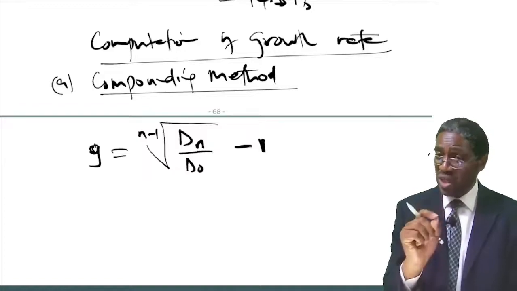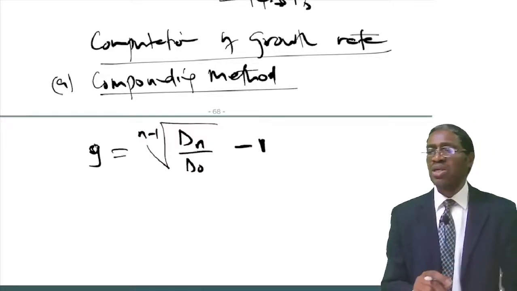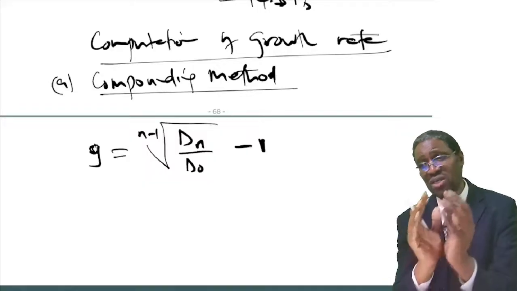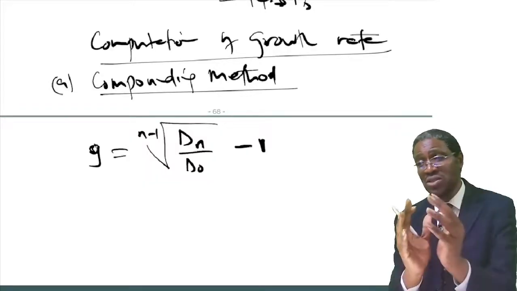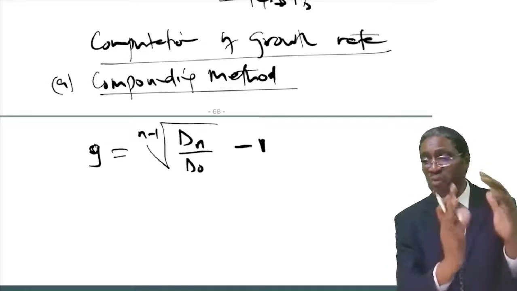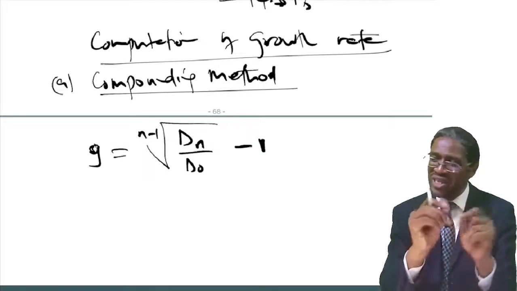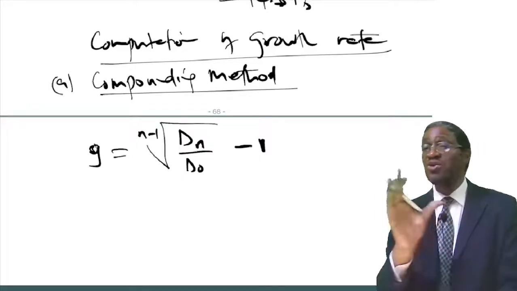You take N minus 1, and whatever you get becomes the root number. Maybe it's 3 minus 1, so you get the square root. If N is 4, minus 1, you get the third root of whatever you have in the bracket.